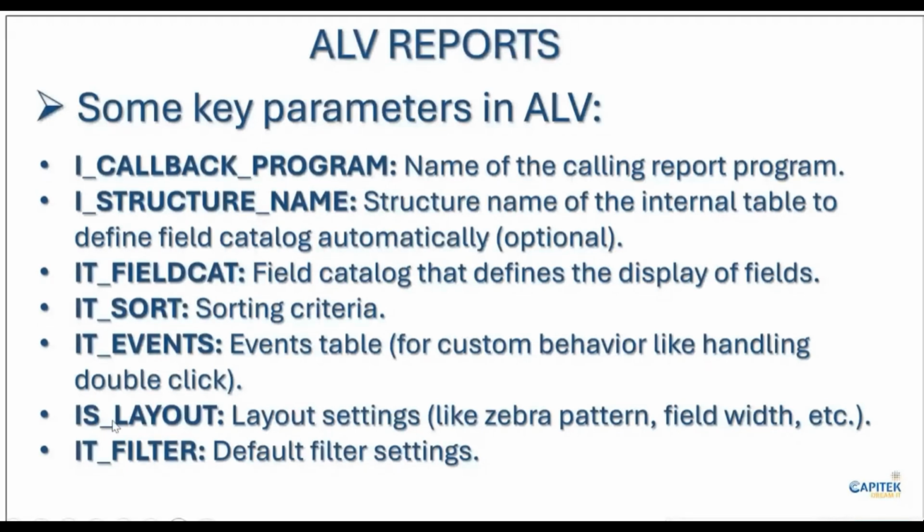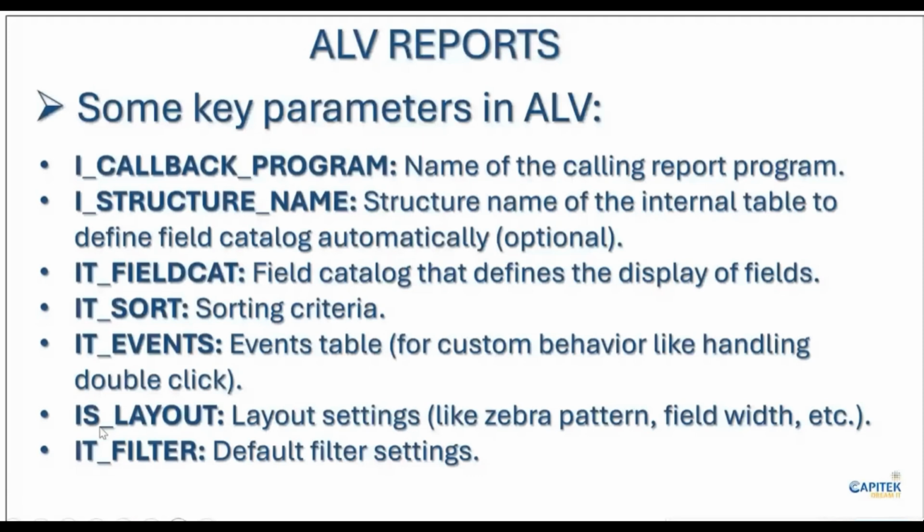And when you talk about the layout, like the formatting of the data on the output, you can show the data in the same way or a different way. For example, the first row will be shown in one color and the second row in another color. We call it zebra format. You know how the zebra lines at traffic signals look, and similarly we can show the data on the ALV report.